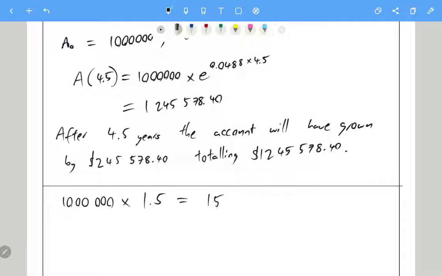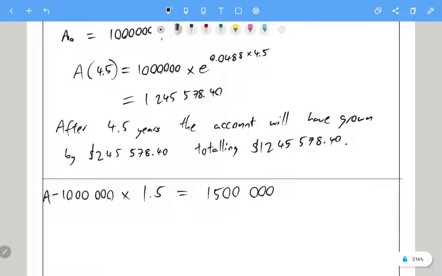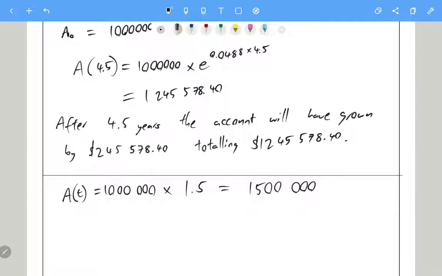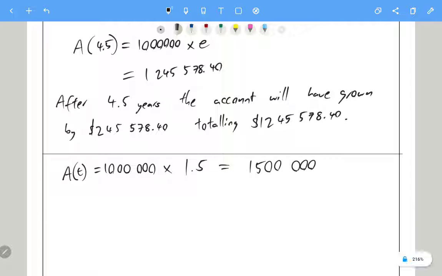In this case, it's $1,500,000. Alrighty, so we're waiting until A of T is equal to that.